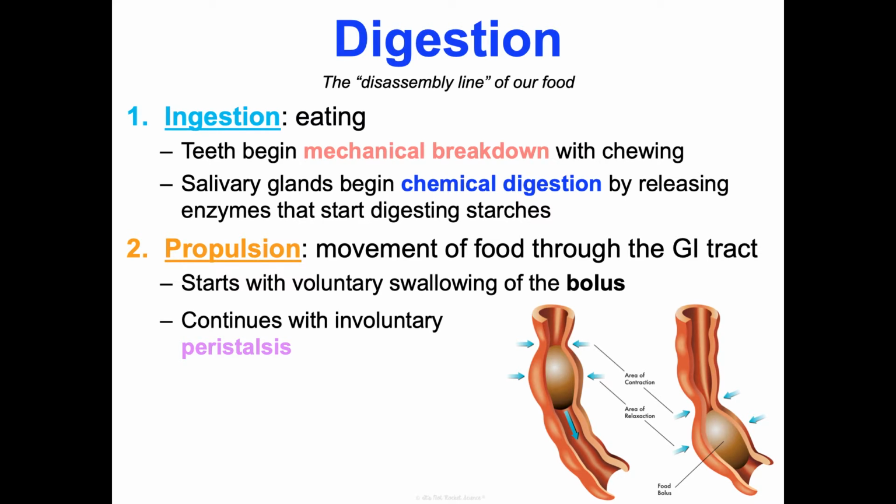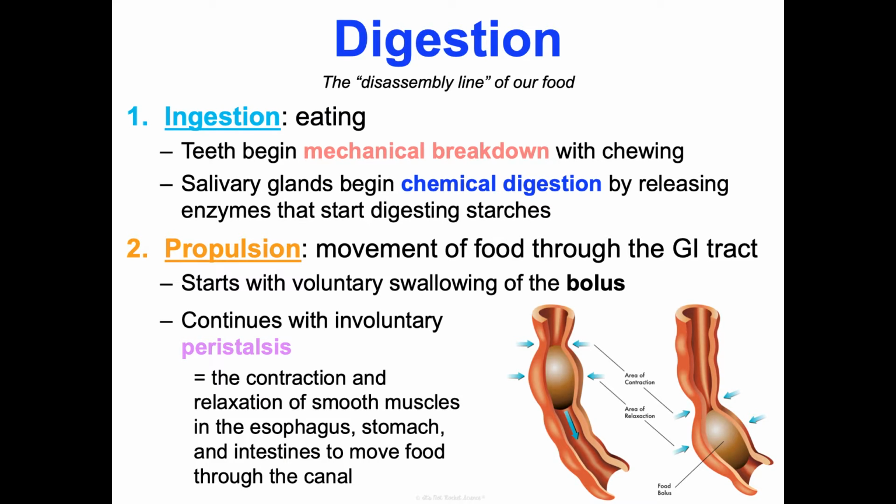Then most of the rest is an involuntary process called peristalsis, which we can see pictured here, where the smooth muscles in your esophagus, stomach, and intestines contract and relax in order to propel the bolus and your digested food through the alimentary canal and then eventually out of your body.